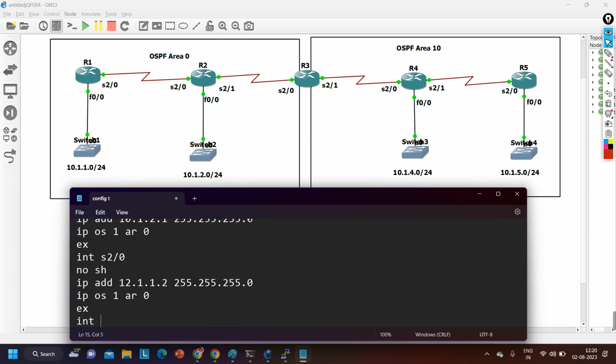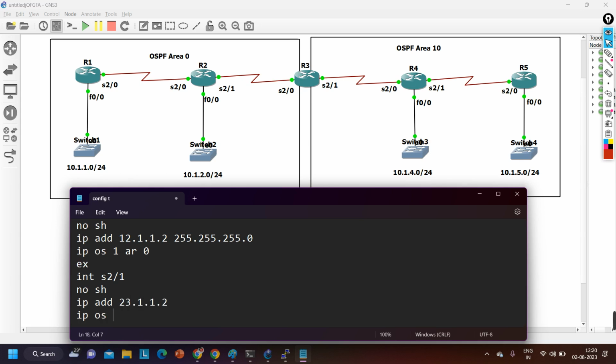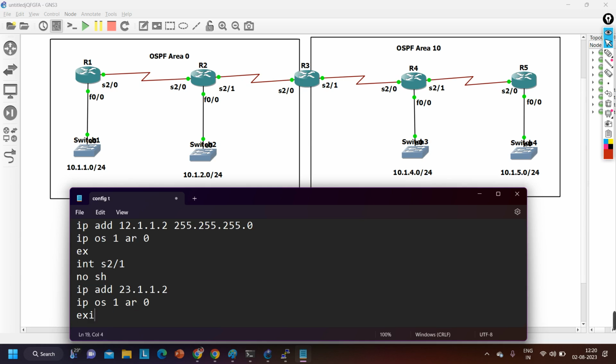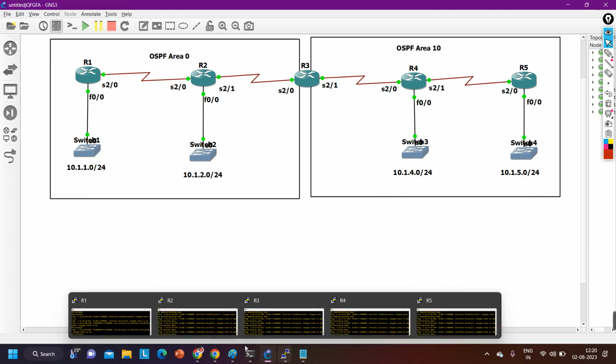And let me add one more interface here, interface serial 2/1, no shut, IP address 23.1.1.2 and ip ospf 1 area 0. Exit. Copy the commands and paste them on R2.